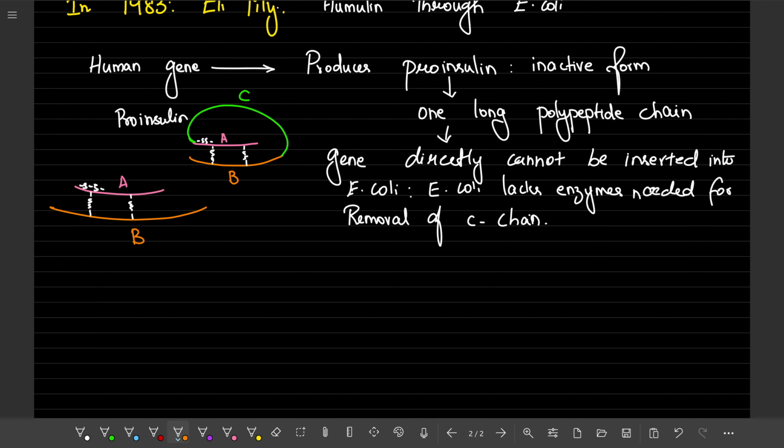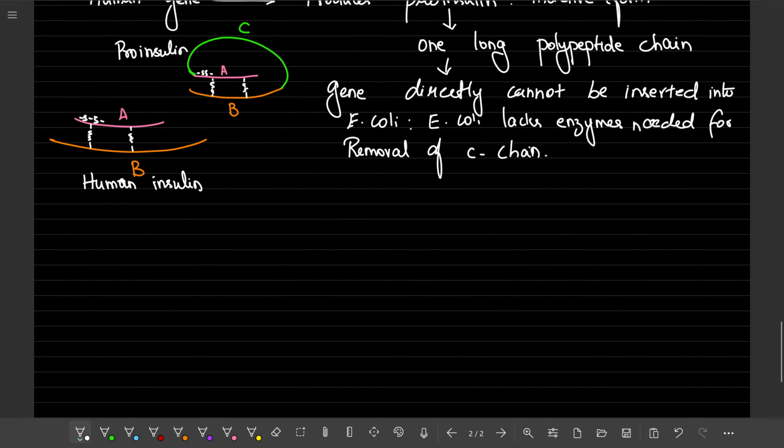Remember that between proinsulin and humulin, which is the human insulin, there is no change in the number of disulfide bonds. Will there be a change in the number of peptide bonds between pro and normal insulin? Yes. C chain is gone. So it means there will be a difference in that, but it is not going to change human insulin.